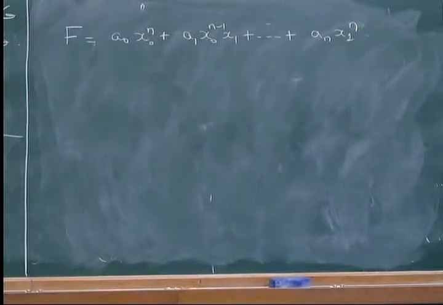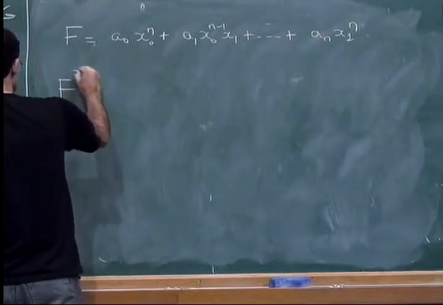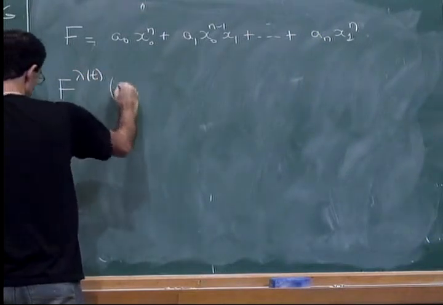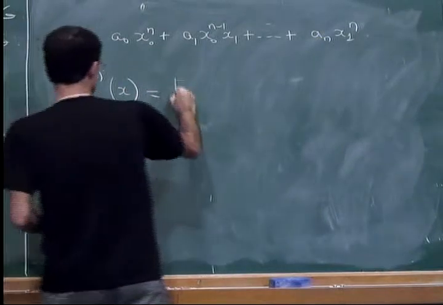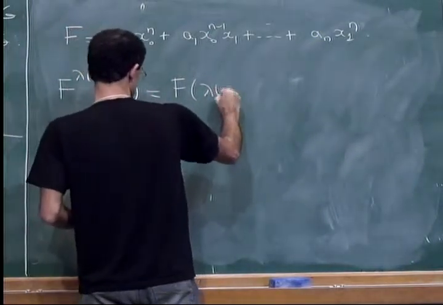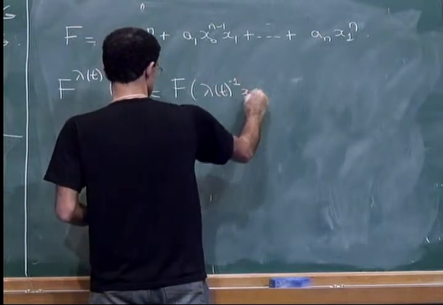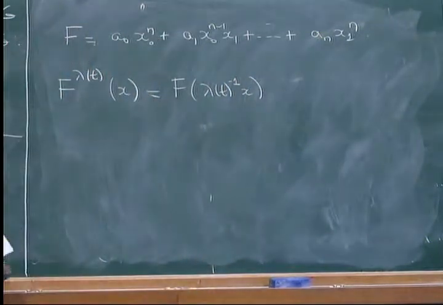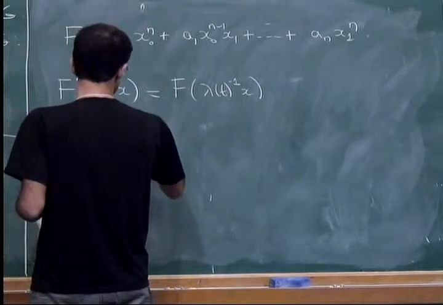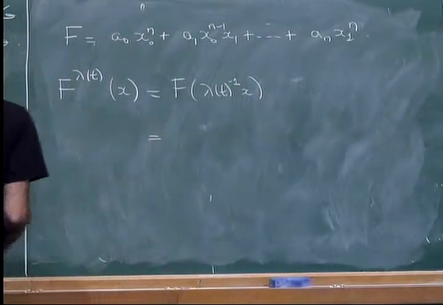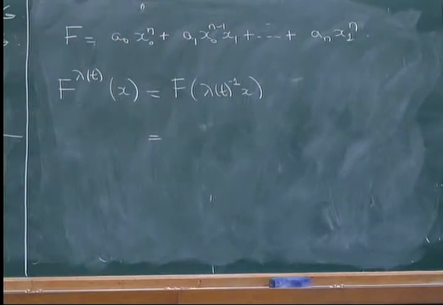My projective space here is actually Pn, and the coordinates of f are A0 up to An. The action is the action on f. Remember that when we defined the action, we took the inverse. You see that on monomials, the action of lambda t is also diagonal.